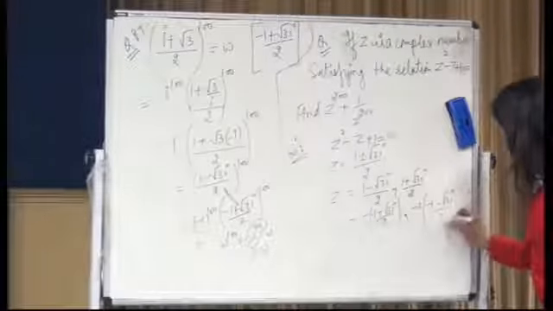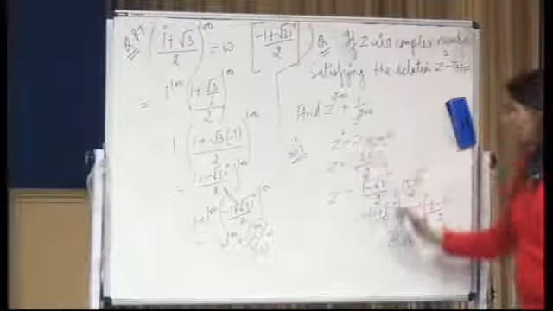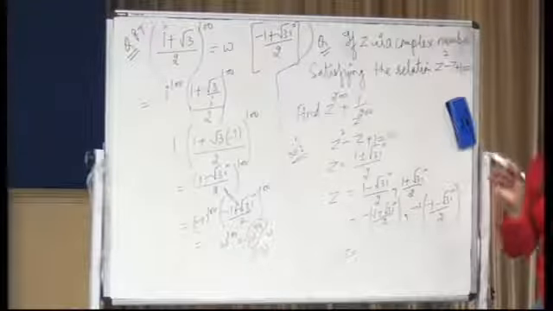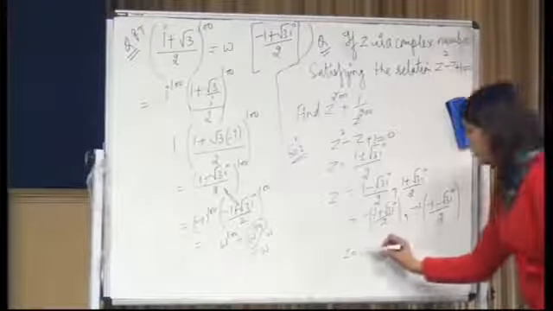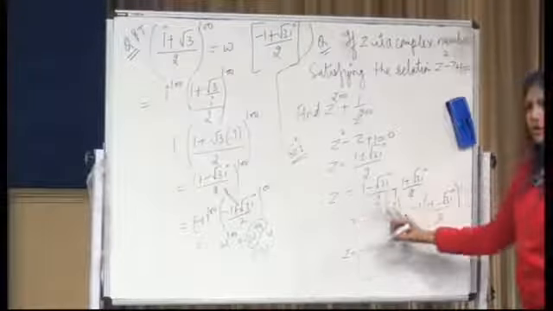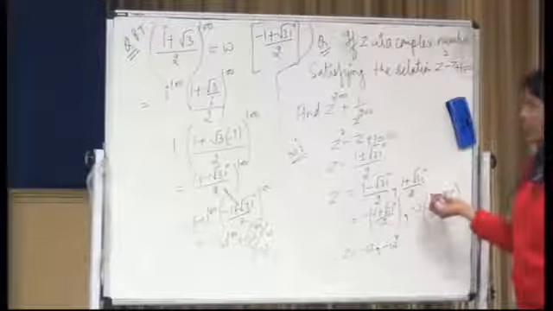Is this okay? So basically the roots of this equation are minus omega and minus omega square. You can see this is minus omega, I took out minus, then this is omega, so minus omega, and there is no power right now.